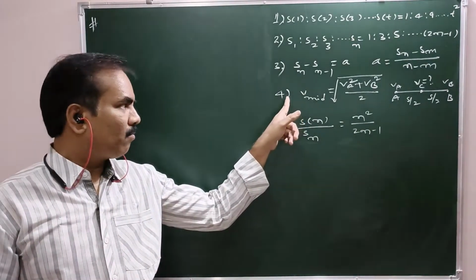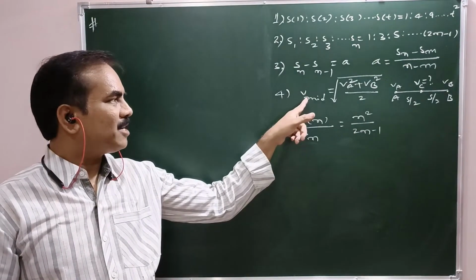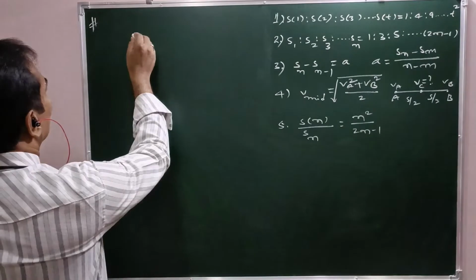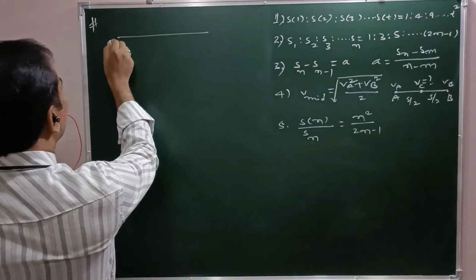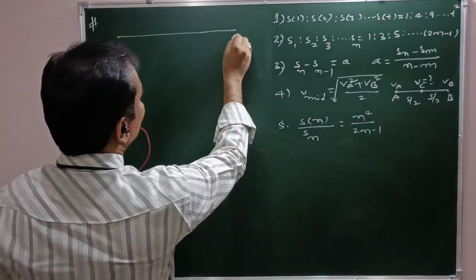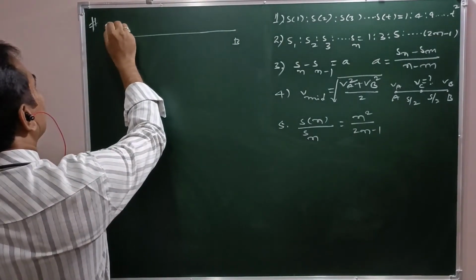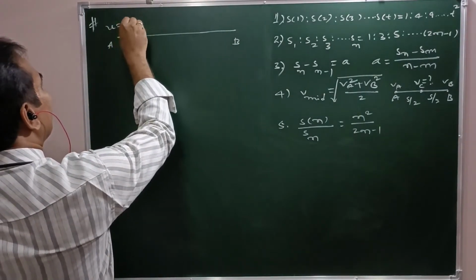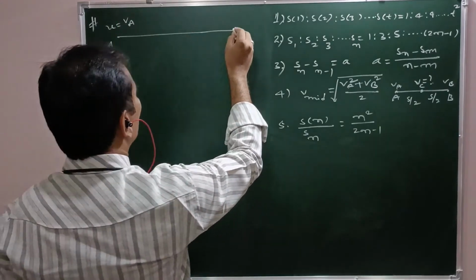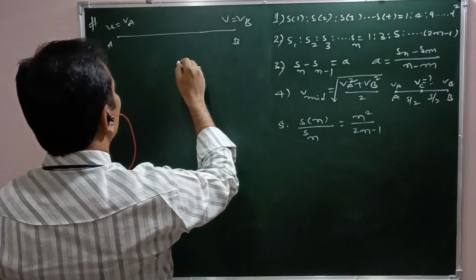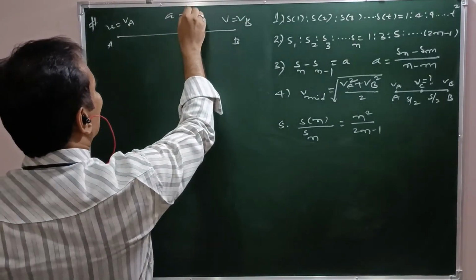Now the fourth one: velocity at midpoint is given by so and so. Let us see. This is point A, this is point B. At point A, the velocity is u, let it be VA. At point B, the final velocity is V. The particle moves with constant acceleration.